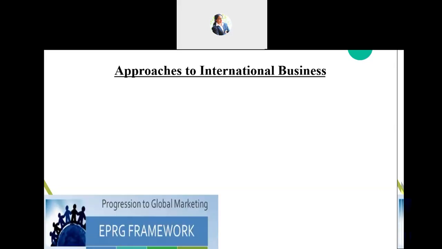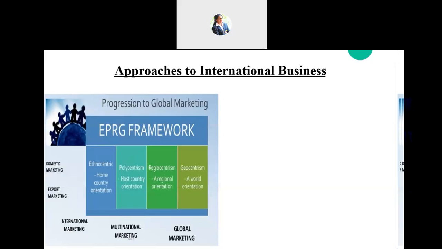Now, speaking about the anatomy of this EPRG framework, this approach addresses the way a business takes its strategic decisions, how decisions are made within the company, and how, due to these decisions, the relationships are shaped and maintained between the headquarters of the company and its subsidiaries.